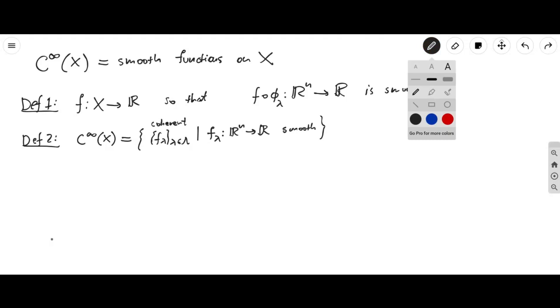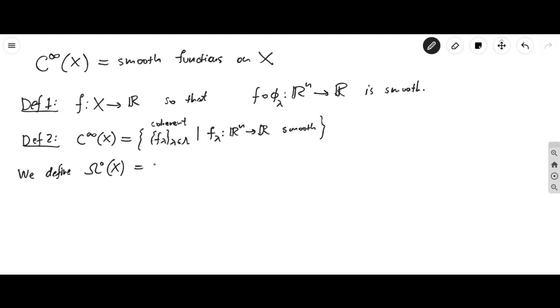Okay, and then we define zero forms on X. This is just smooth functions on X. And I would say maybe using definition 2. So I think this will be more useful for us, because then the notation is more consistent when you get to forms.